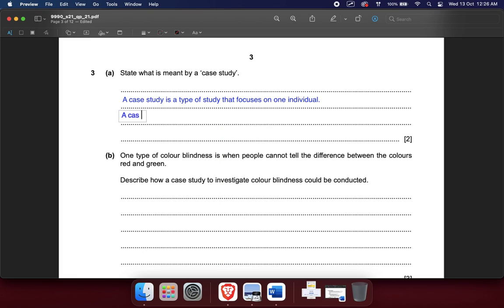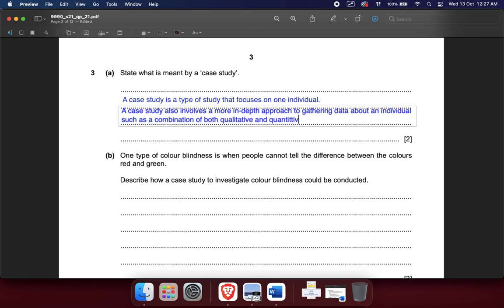A case study also involves a more in-depth approach to gathering data about an individual, such as a combination of both qualitative and quantitative data.